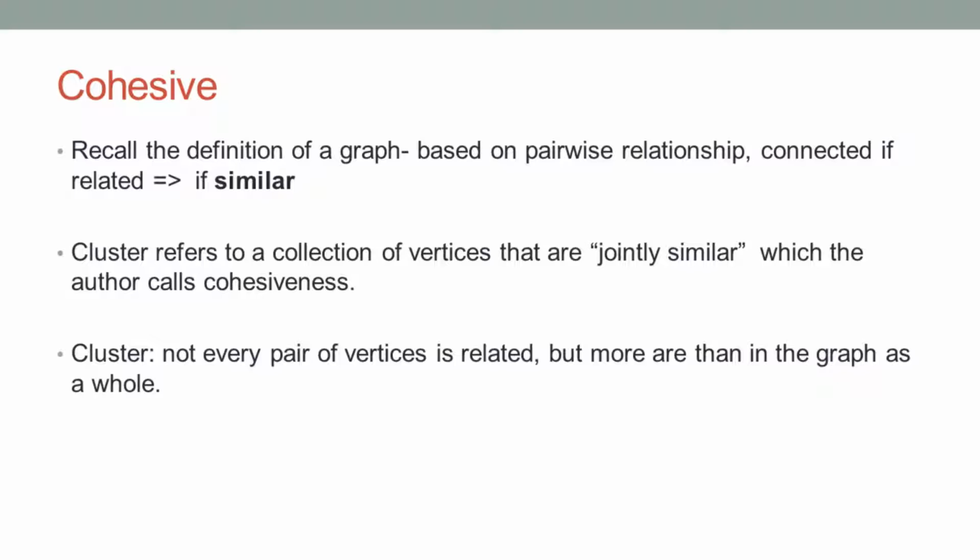So you could say that two vertices are adjacent if they're similar under the relationship that you've defined to create the network, and so all of the vertices in the same cluster are somewhat similar since they're more likely to be connected. So we call this property of similarity within the same cluster cohesiveness.